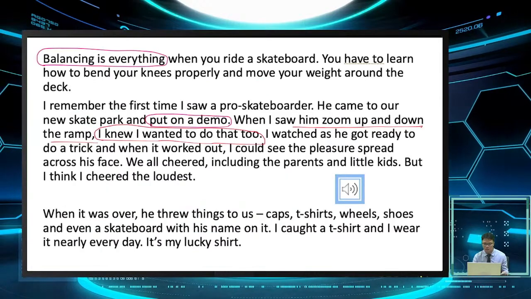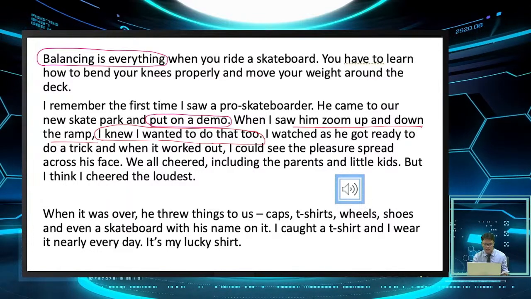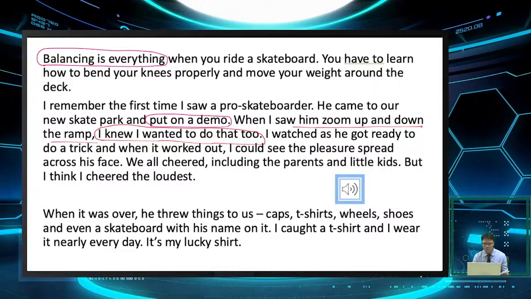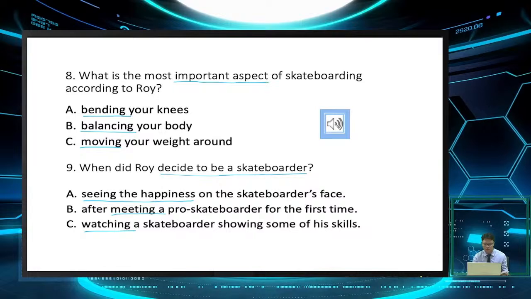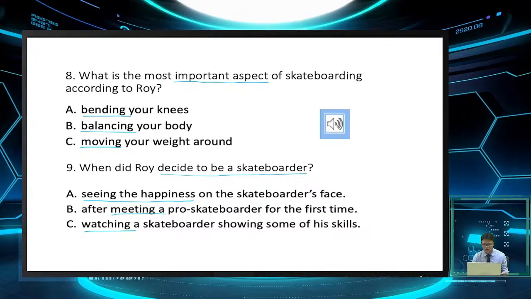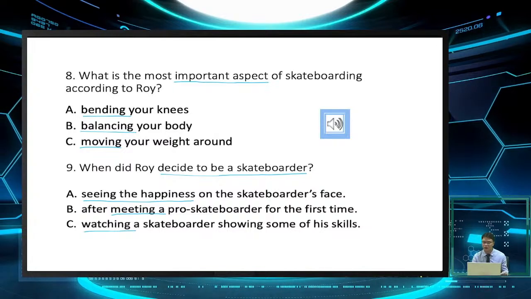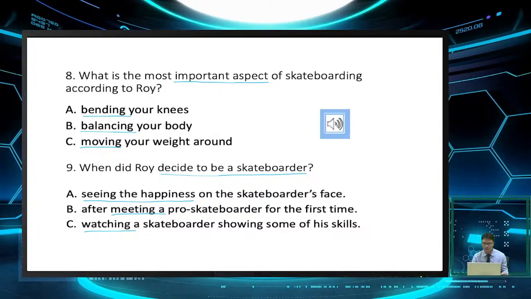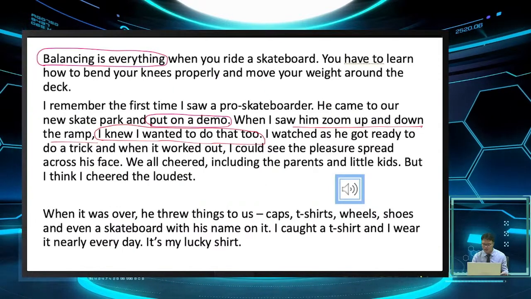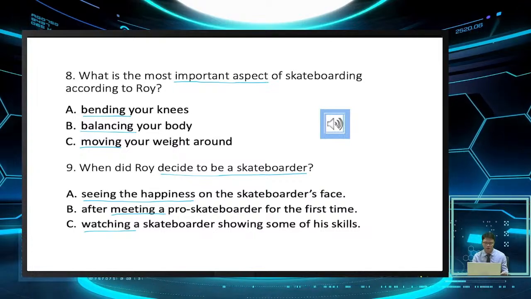In the transcript, you also have the words, you have to learn how to bend your knees and move your weight around the deck. So A and B look like great distractors. The best answer is B, balancing, because everything is important.